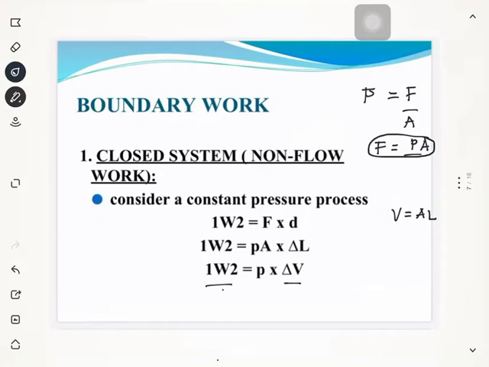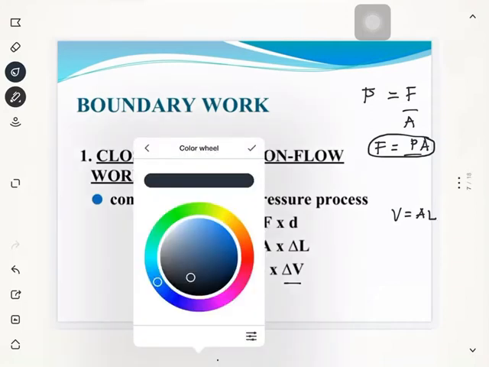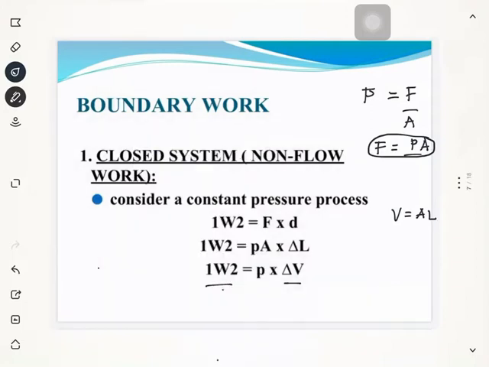Given a state here, we have your point 1 and this is your point 2. You cannot say that you have your work at point 1 and your work at point 2. Why? Because work is a path function.